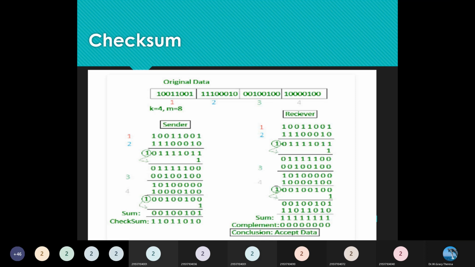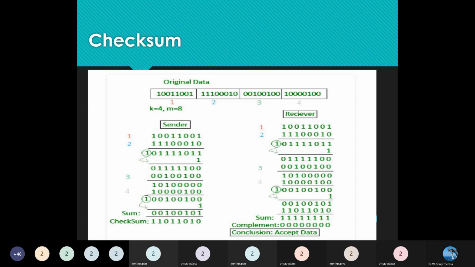For example, take the first two blocks, 10011001 and 00010. Going on with one's complement addition, 1 plus 0 is 1, 0 plus 1 is 1, 1 plus 1 is 10. Here the 1 plus 1 is 2, which is finally 10, so we have a carryover of 1, and that carryover 1 is also added up, and again we get a value of 0 11 11 0 11 00.